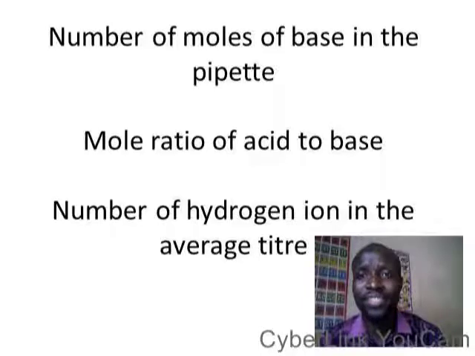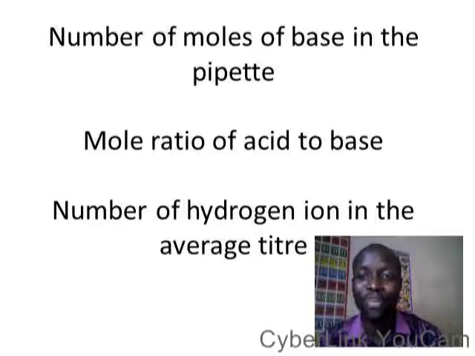Second question, calculate the number of mole of base in the pipette. You should know the pipette you are using. It could be 25 centimeter cube, it could be 30 centimeter cube, depending on the instrument you are using. The next question here, the mole ratio of acid to base, in the acid and in the base.